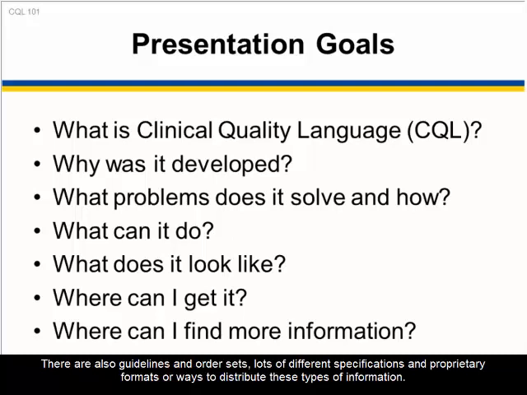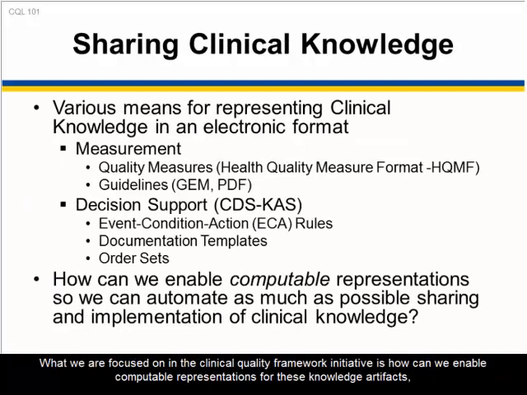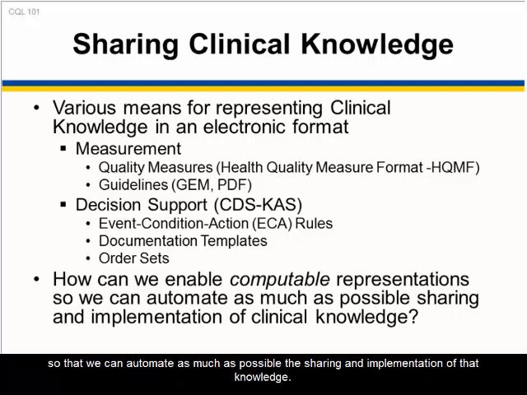There are also guidelines and order sets, lots of different specifications and proprietary formats for ways to distribute these types of information. What we're focused on in the Clinical Quality Framework Initiative is how can we enable computable representations for these knowledge artifacts, so that we can automate as much as possible the sharing and implementation of that knowledge.